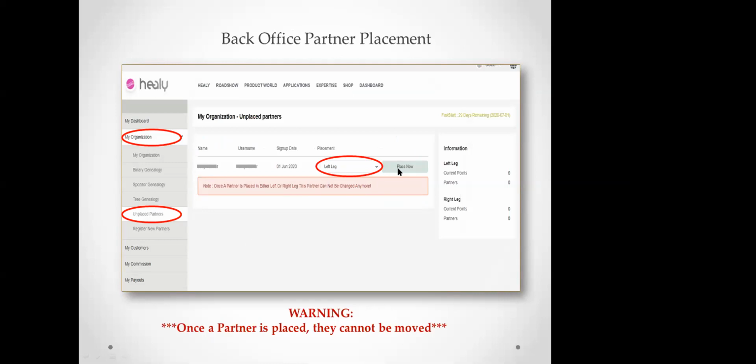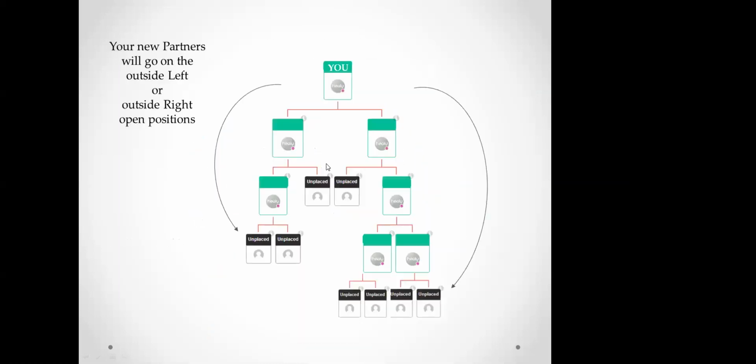If you clicked Place Now and it shows left leg, Martha is gonna be right here. Okay, Martha doesn't go anywhere except to the outside. If you decided that Martha had some connection with some of the people here, you might click that drop down and say click to the right, place her on the right leg, and she would go here. So again, it's the outside left and the outside right.